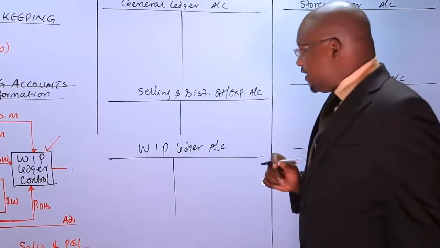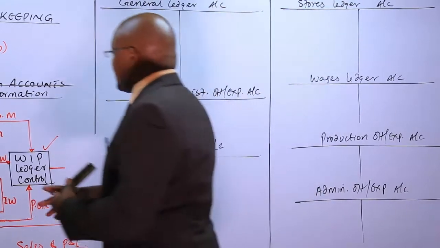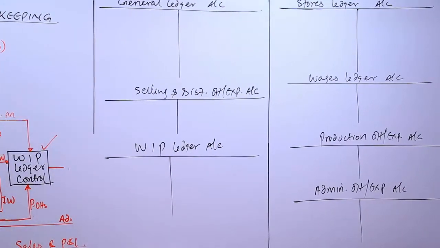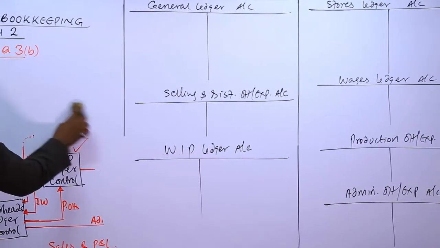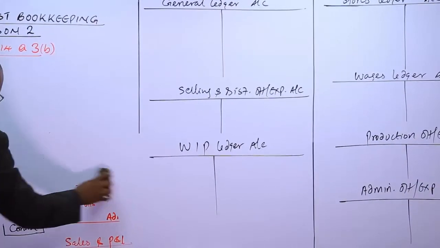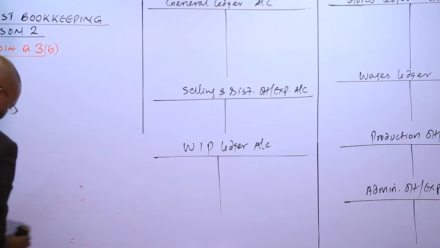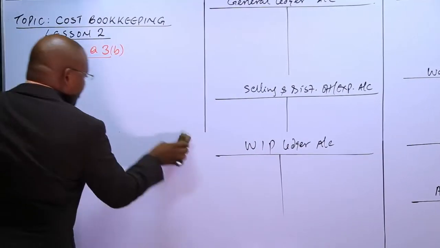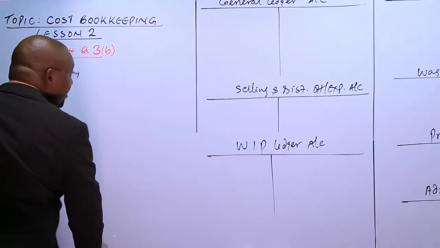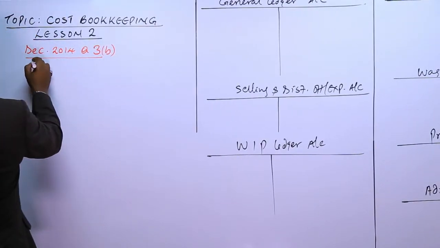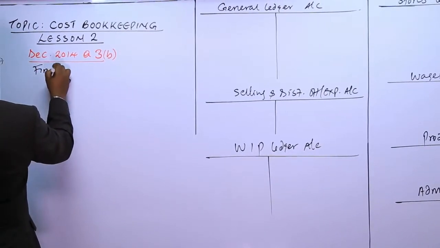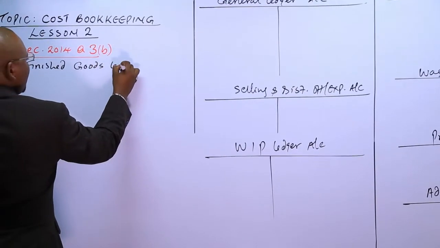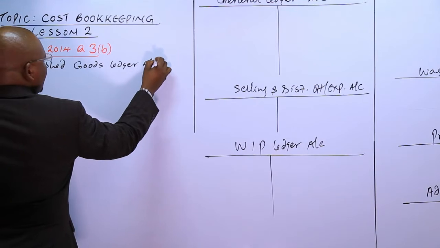Then from there you have the finished goods and the likes. So let me just indicate here. We have the rest, like now the finished goods ledger account.